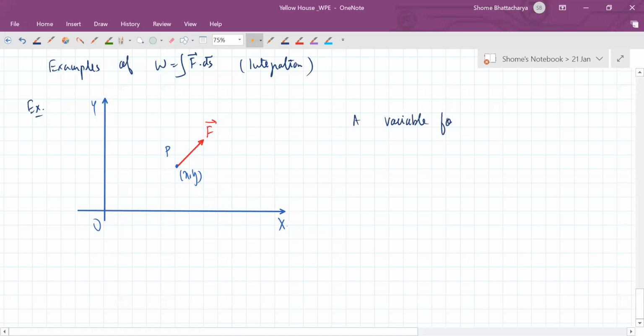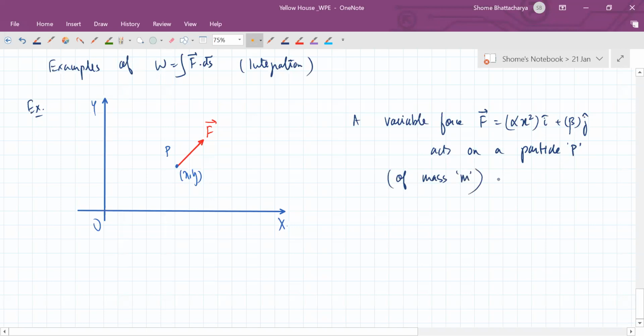A variable force F given by the relation alpha x square i cap plus beta j cap acts on a particle P of mass m when the particle's position is x comma y.